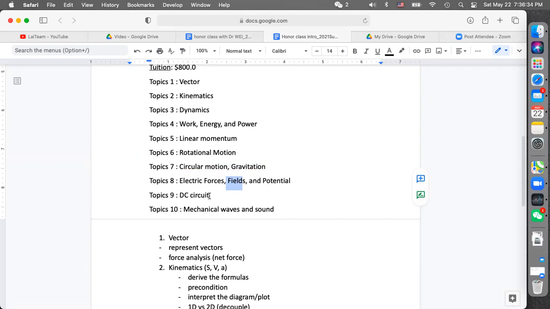Topic 9, DC circuit. This is the most interesting part if you really dive into the physics subjects. It's like hacking, right? At a high level, DC circuit is mostly about more complicated circuits.